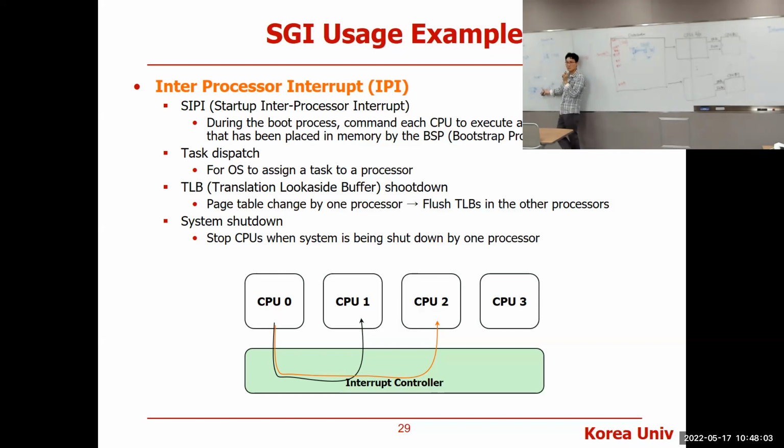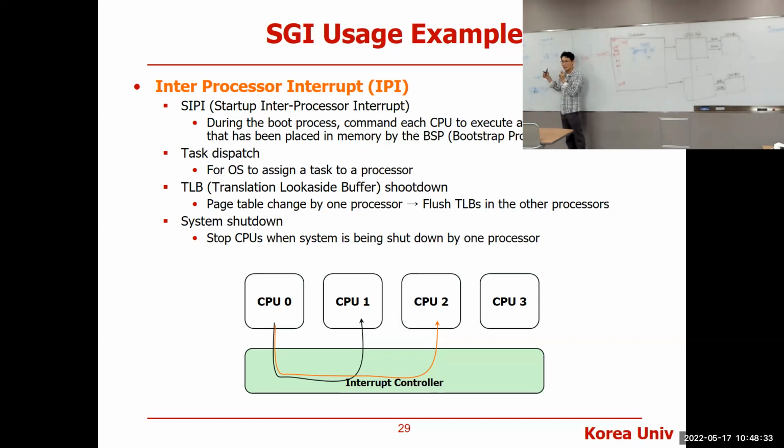What if the page table is modified by one processor? That entry got modified, so this TLB knows, entry 2 prime. But this other one doesn't know about the modification of the second entry.